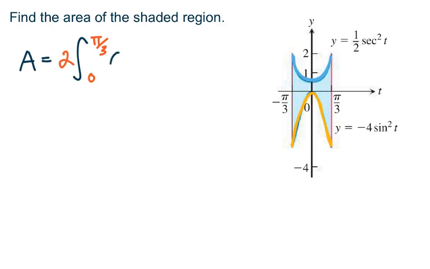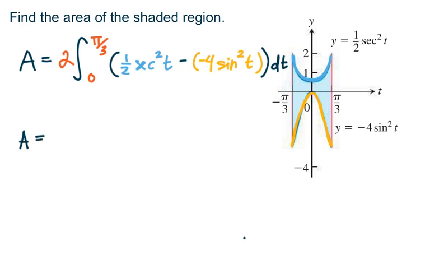My function on top is 1/2 secant squared t minus my function on the bottom, -4 times sine squared t, integrating with respect to t. Okay, so let's work through this problem. I'm going to separate these two integrals. I don't need to write the 2 anymore.